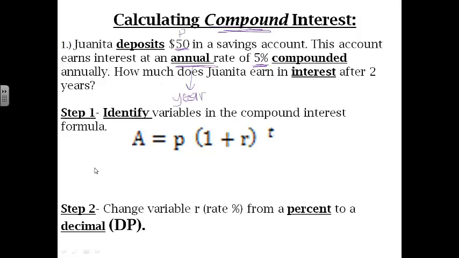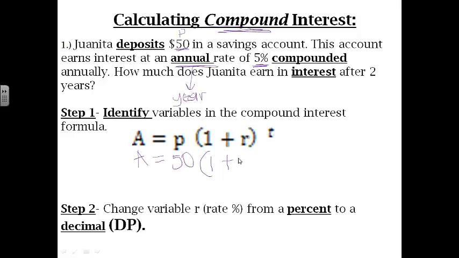Okay, so first step, just like simple interest, we're going to identify our variables in the compound interest formula. So we have A, which instead of I, A represents compound. So what was our principal in this case? Good, 50. Make sure you put the parentheses around it. What was our rate? Good.